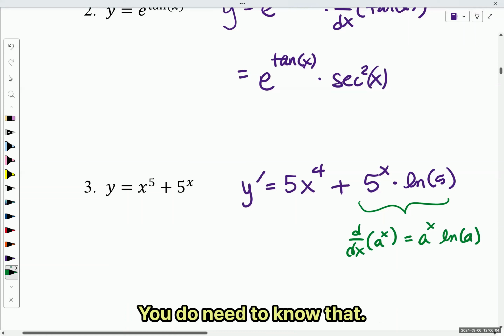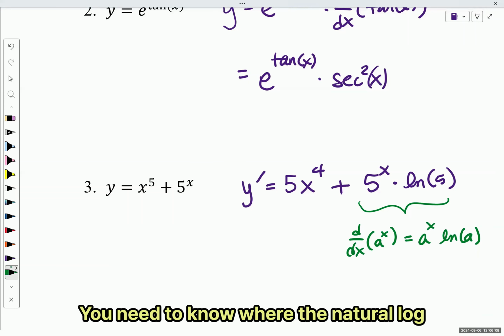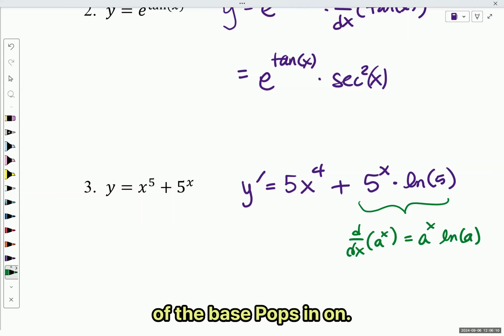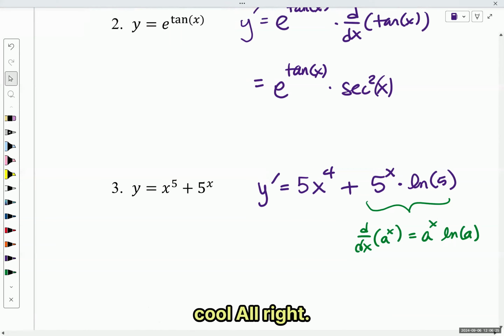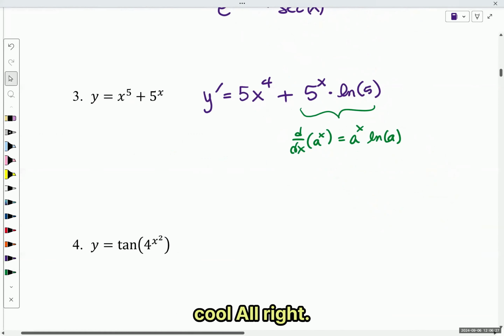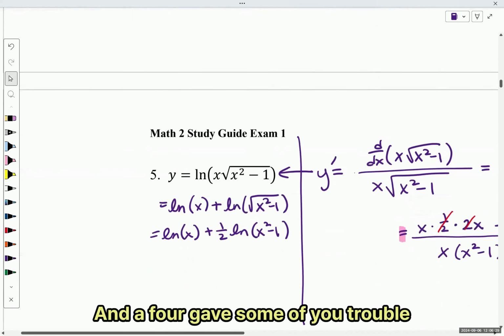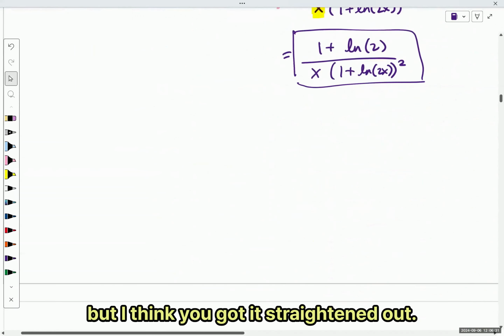You do need to know that. You need to know where the natural log of the base pops in on exponents and on logs. That's why I tried to put some in there, smattered them around. Cool. I know 4 gave some of you troubles, but I think you got it straightened out.